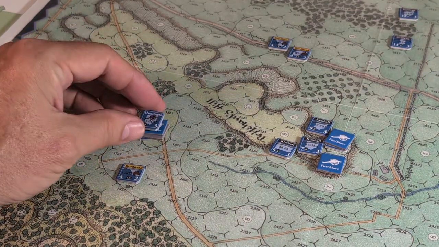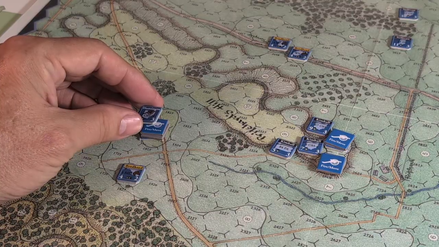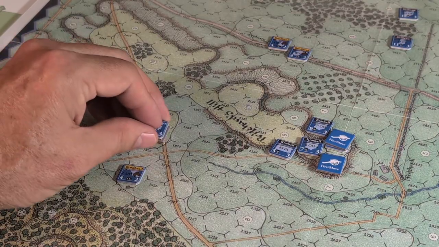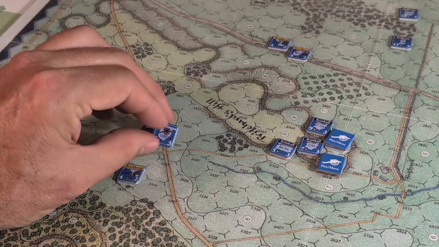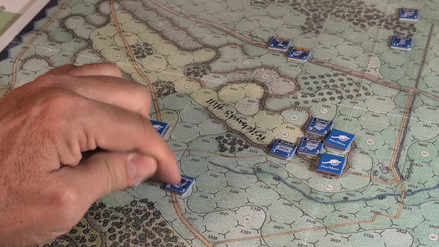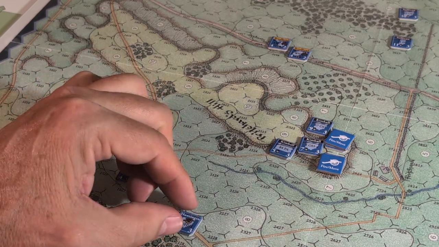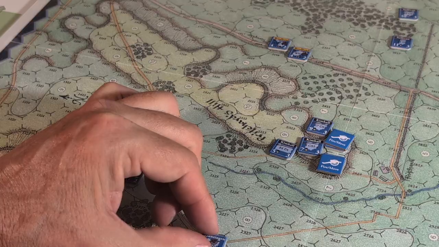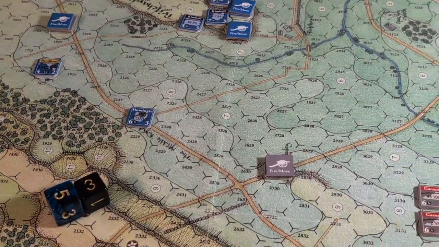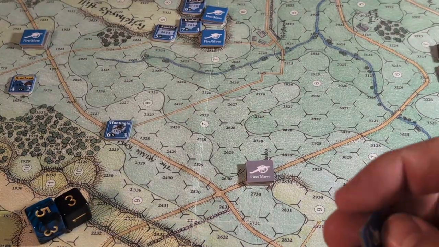Right here. He's going to move 1, 2, 3, 4, 5, 6. So he's within range of that unit.